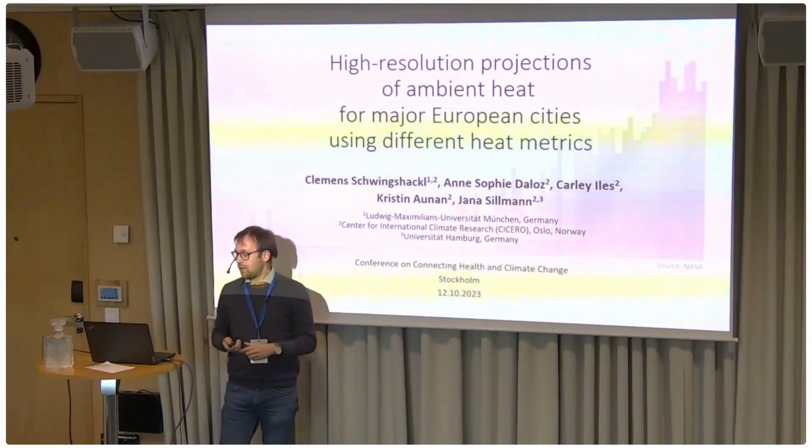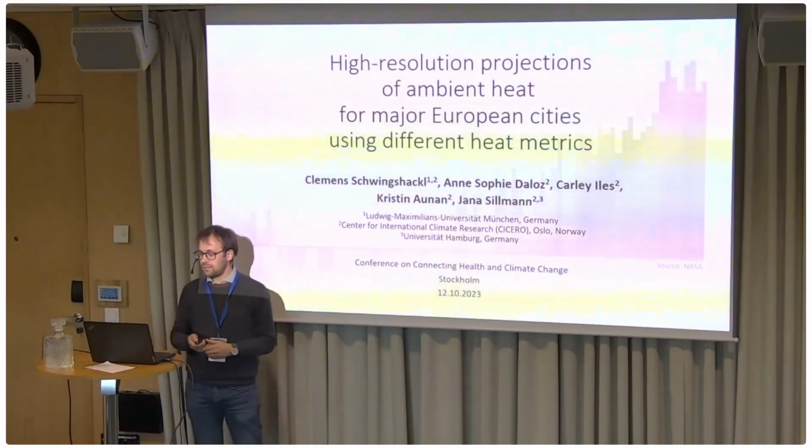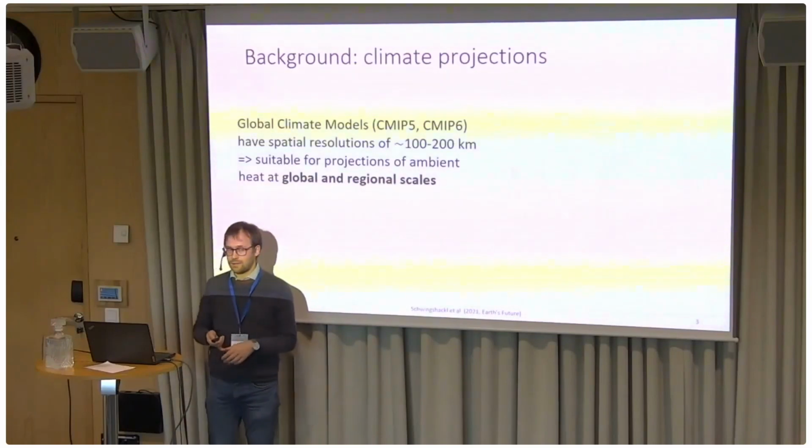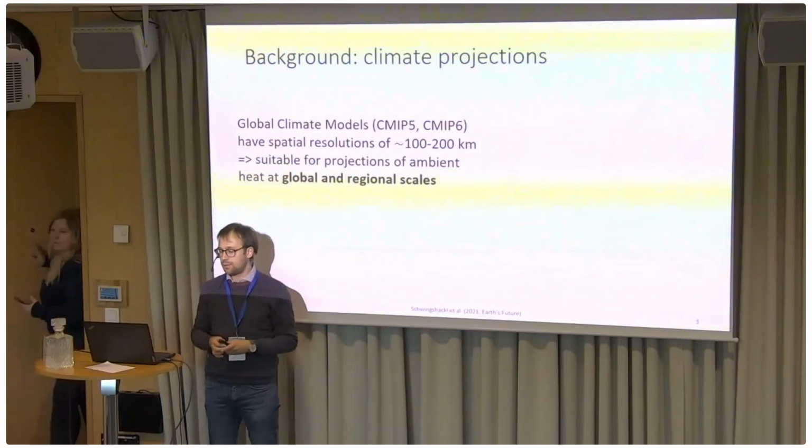Climate projections of the future often rely on global climate models. For example, many results of the IPCC Assessment Report 6 are based on global climate models. These global climate models, for example from CMIP5 or CMIP6, have a spatial resolution of about 100 to 200 kilometers.